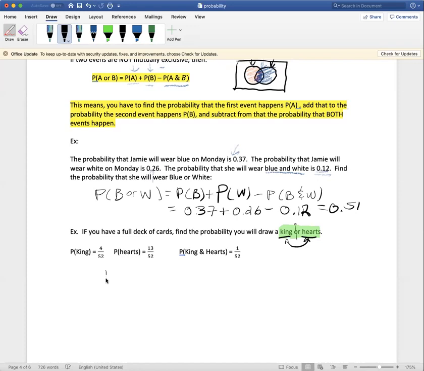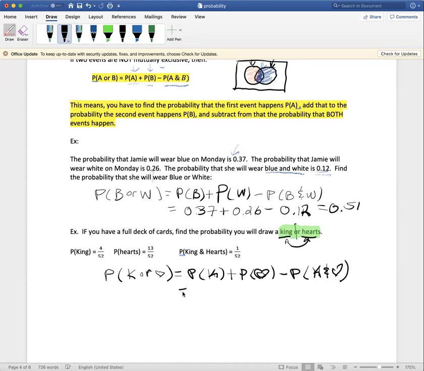So that means when we want to find the probability of king or the probability we're drawing hearts, that's the same thing as saying the probability you draw a king, plus the probability that you draw hearts, minus the probability that you draw a king of hearts, so something that's a king and a heart.